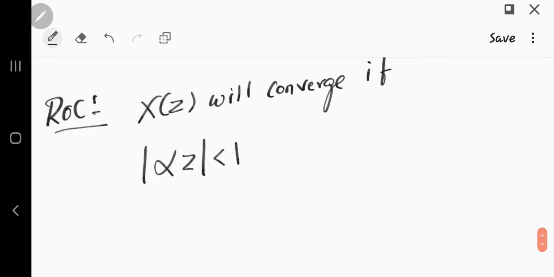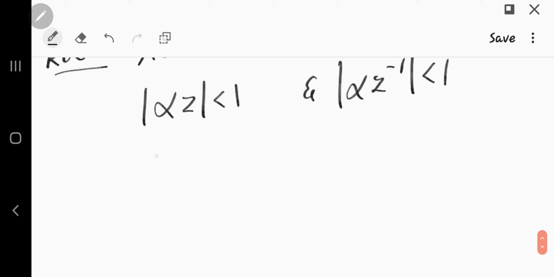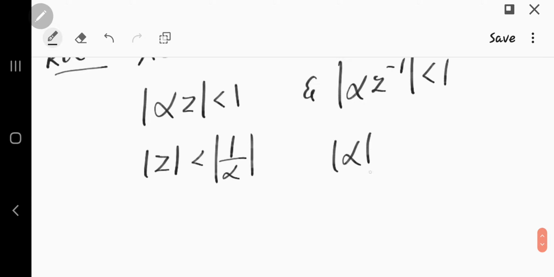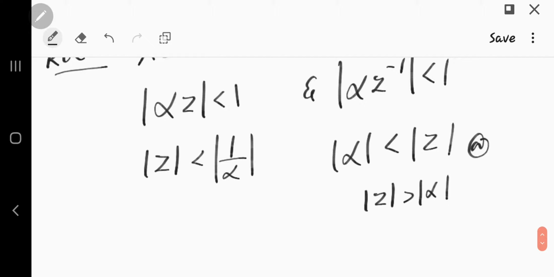Alpha z should be less than 1 and alpha z inverse should be less than 1. If you simplify this, z goes to this side, so z is less than 1 by alpha, and here alpha is there, z goes to this side, so here z is greater than alpha.